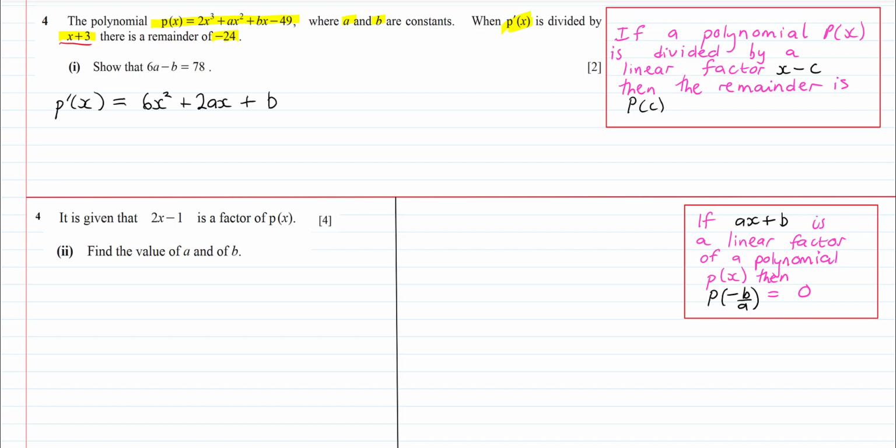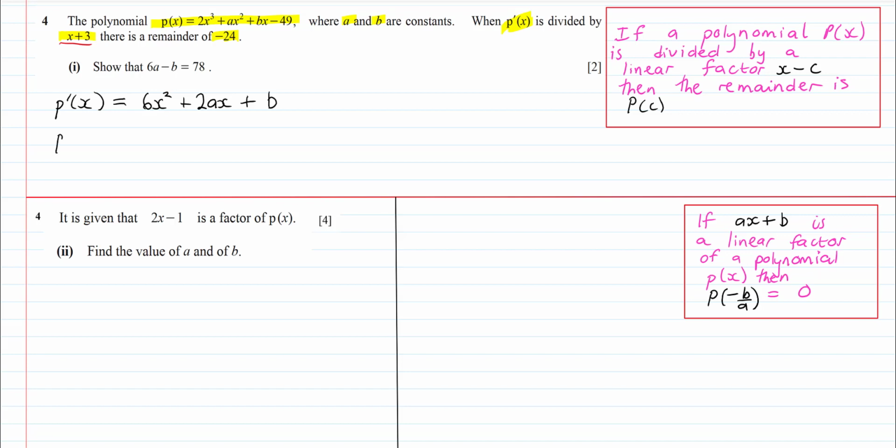So we've found p prime of x, and now we'll use our remainder theorem to show that 6a minus b is equal to 78. If we divide a polynomial by a linear factor x minus c, then the remainder is p of c. We know that the remainder is minus 24, and for our problem we've got x plus 3, so that means our c in that formula is equal to negative 3.